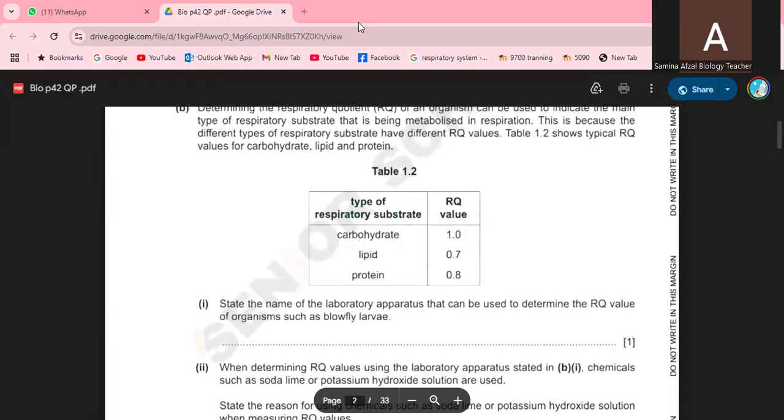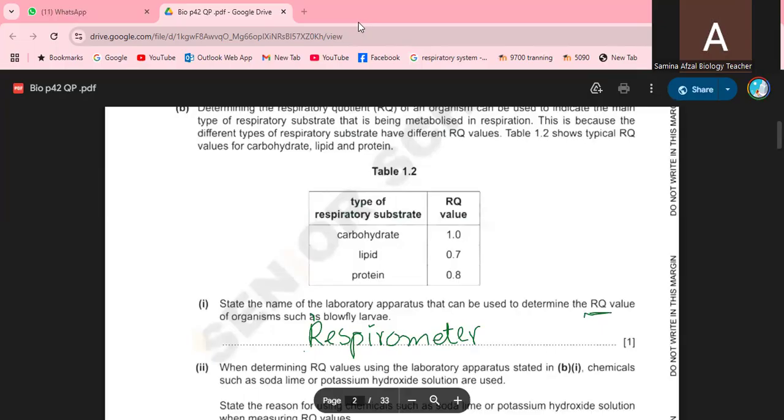So the apparatus name is respirometer, and it is used for this purpose, to find out the RQ value.